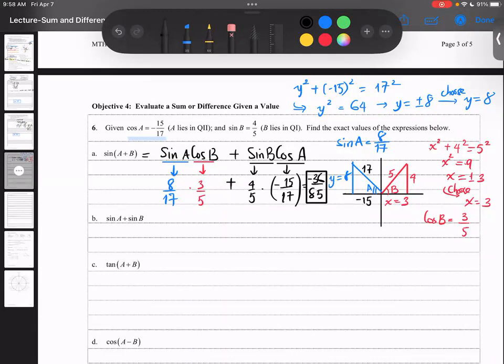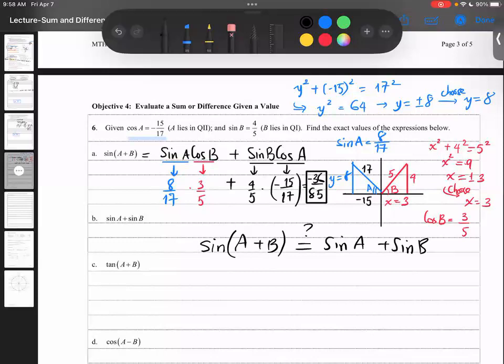Let me ask you something. Don't write this down. Is sine of A plus B equal to sine A plus sine B? Don't write that down. Just scrap. No, right?